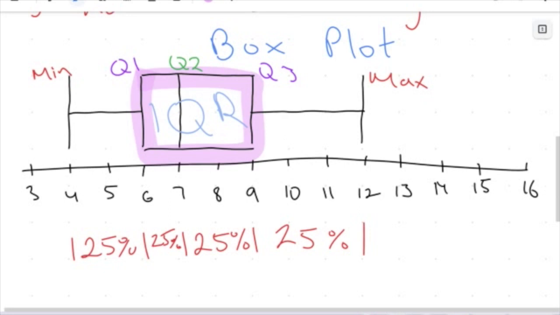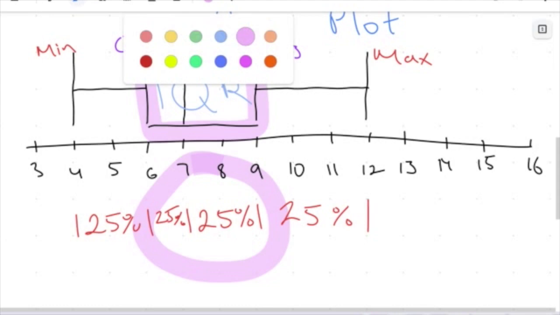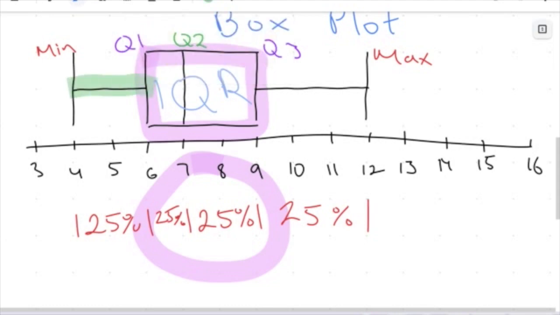My box contains my interquartile range, and the section that makes up 50% of my total data, with the other 25% belonging to the distance between my minimum and my lower quartile and my maximum to my upper quartile.